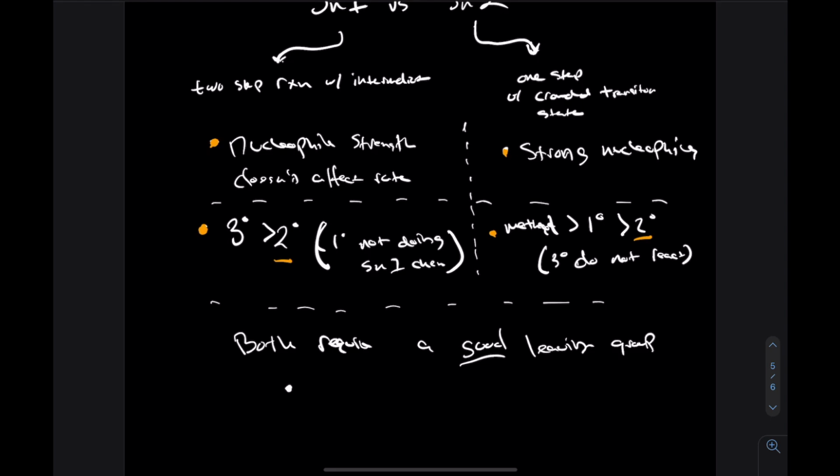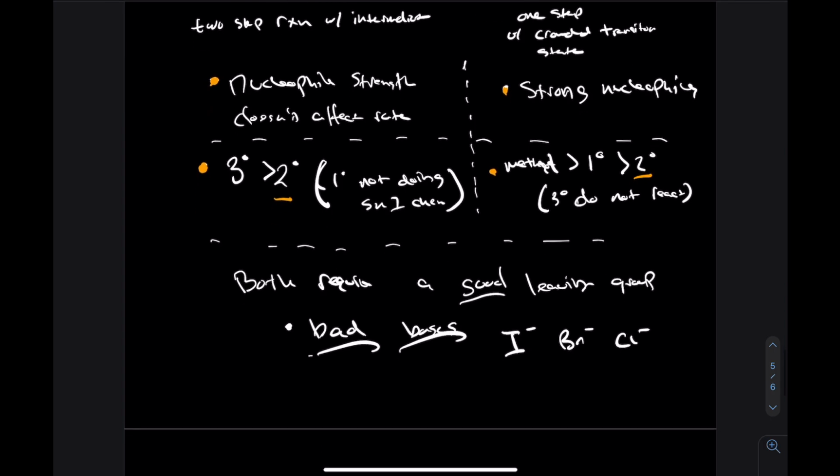Very simply, they are bad bases. So anything that is a bad base is going to be a good leaving group. The worse the base, the better. So you have iodides and bromides and chlorides. These halides are all pretty good. If you have something that's really stabilized, like a sulfonate, for instance, you can just imagine a lot of resonance distributing that oxygen anion throughout that system.